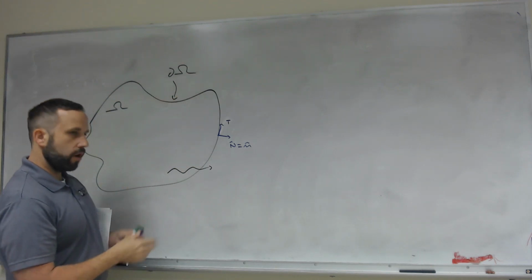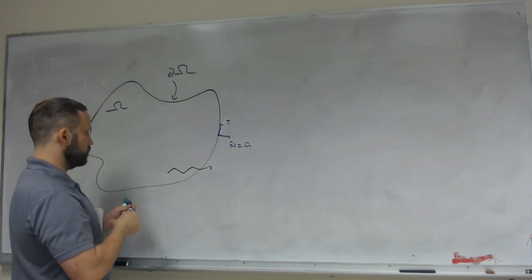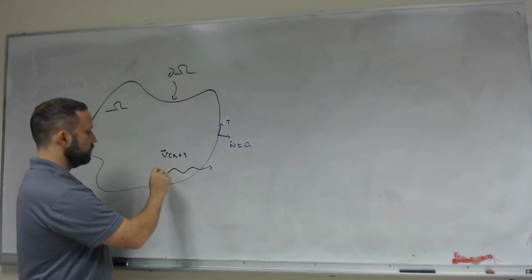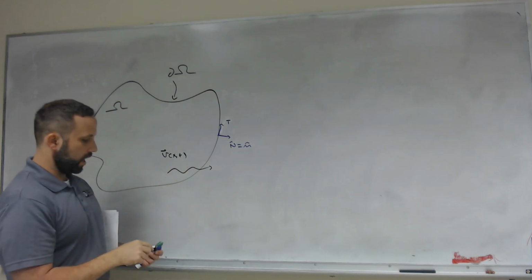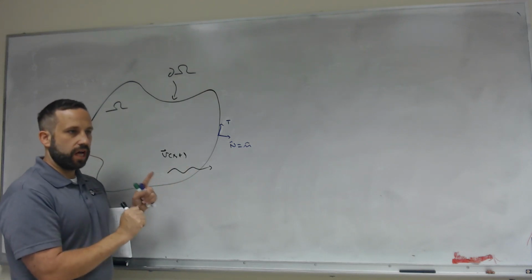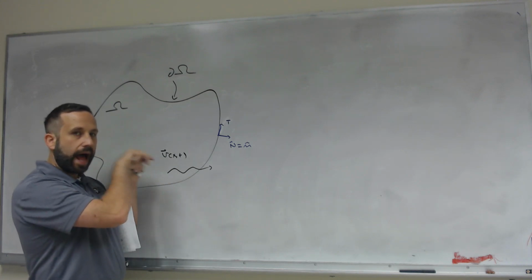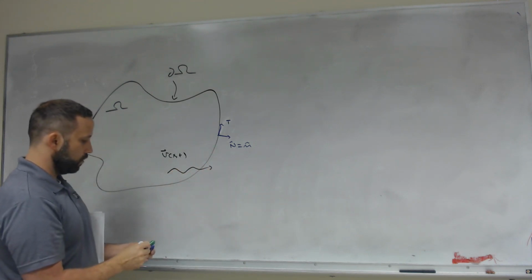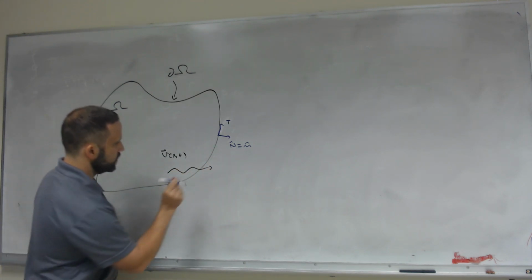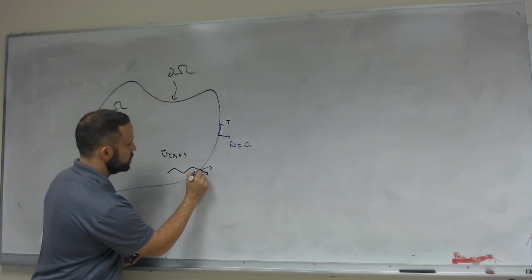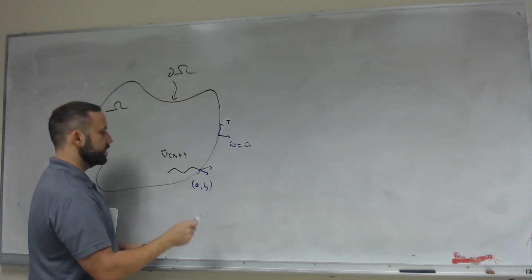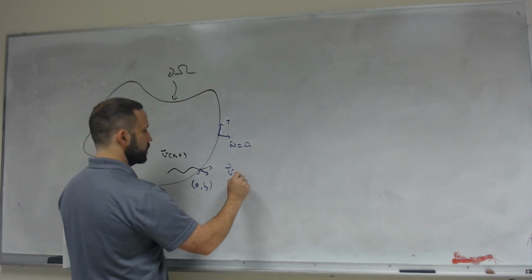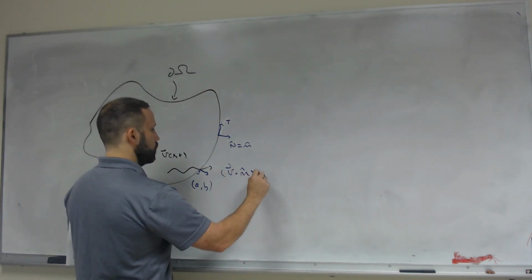If I have a velocity field, something like v of x, t, then the only part of the velocity field that is transporting material outside of the domain omega is the component of the velocity field that's parallel to the normal vector. So if I draw the normal vector like this, it's just going to be the projection of v onto n, the dot product of v with n, times n hat.